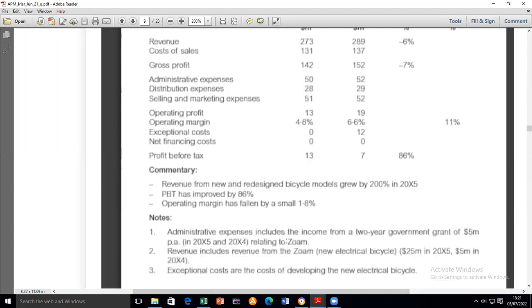The admin expenses include the income from a 2-year government grant of 5 million. Revenue includes revenue from the new electrical bicycles, 25 million in 20x5. Exceptional costs are the cost of developing new electrical bicycles.